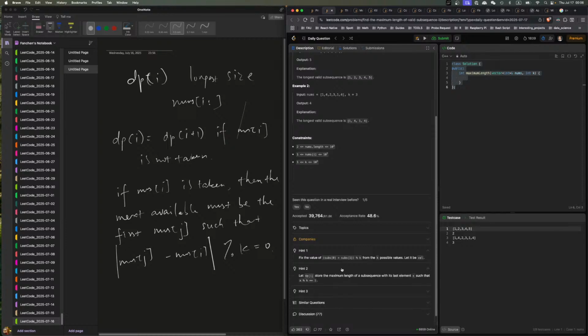Let dp[i] store the maximum length of a subsequence with its last element x, such that, oh, what is this?